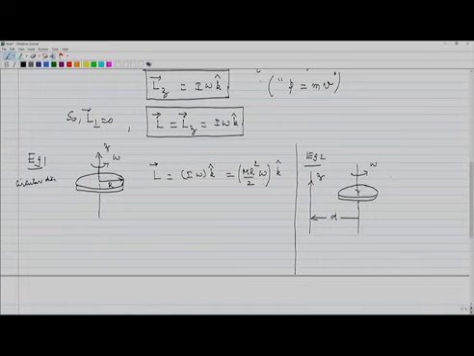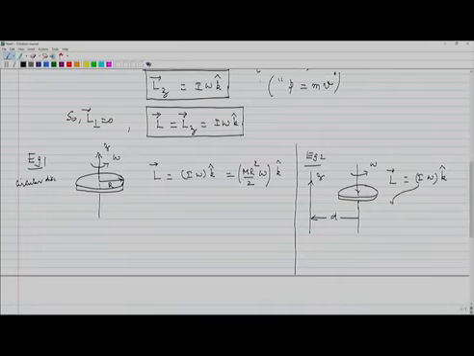Then again L will be equal to I omega times k, since this is a symmetric rigid body rotating about a symmetry axis. But the only thing is I is different.